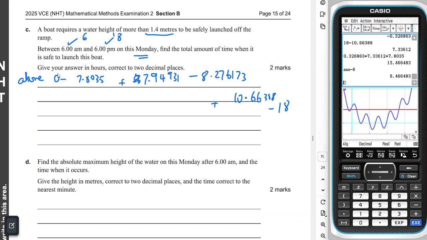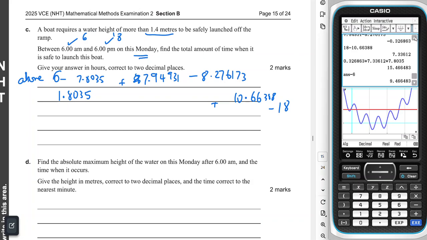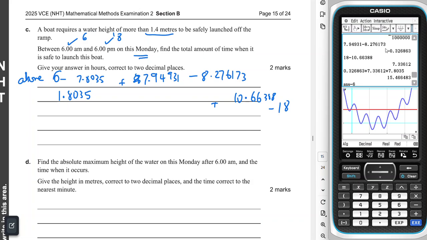Okay, so we're starting at 6. That's going to go from 6 to there. So that will be 1.8035. From 7.9 to 8.27, so that's plus 0.326863.